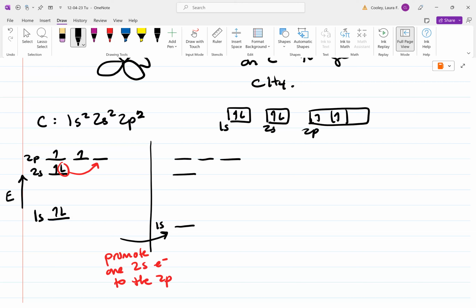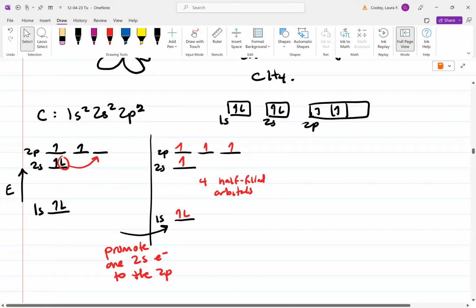We still have 1s, 2s, 2p, but the 1s we just leave alone, and we move one of these electrons up to the 2p. So now we have 4 half-filled orbitals. And it cost us a little energy, but we're going to get that energy back when the bonds form.